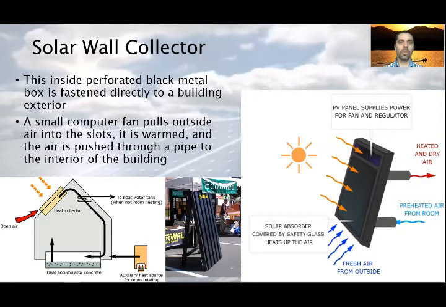But there are more complex systems, like the one on the left side, where the collector is combined with a heat storage, like concrete or water. Storing the energy is not an easy task, but there are some possibilities. Normally, storing the solar thermal energy is handled with thermal mass inside the home.